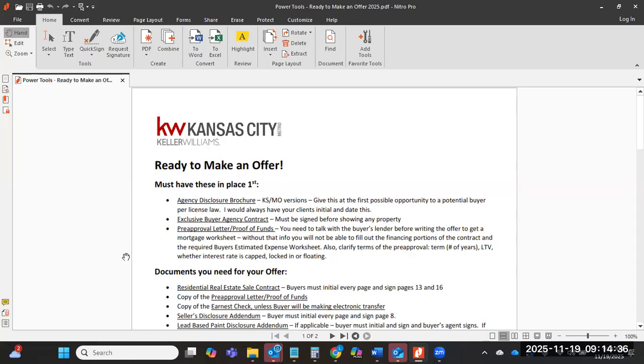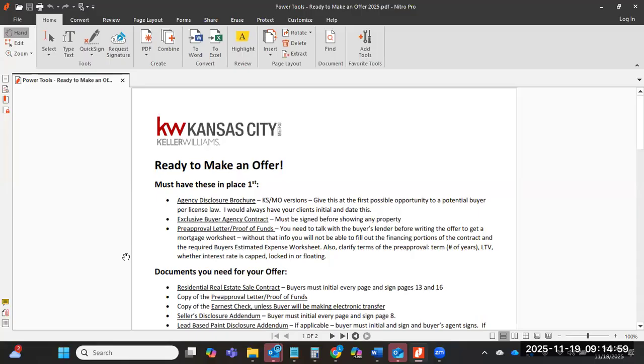So get as much information as you possibly can about the house and share that with your buyer. If it's on MLS, make sure that you are getting the seller's disclosure and the lead-based paint disclosure, and that they are ready and available for you to send on to your buyer for possible initials and signatures later on.